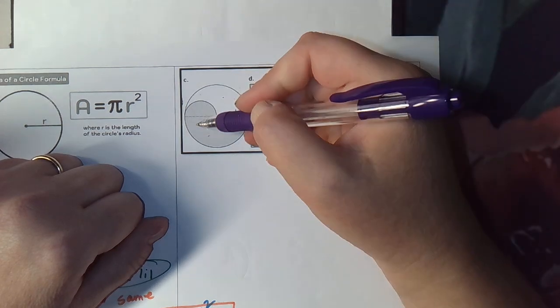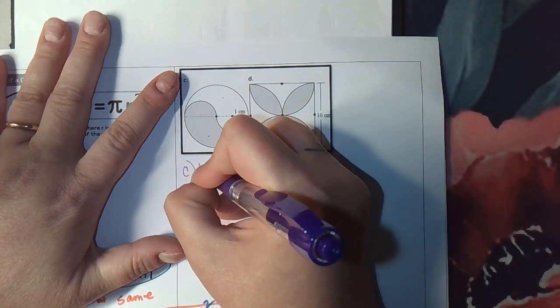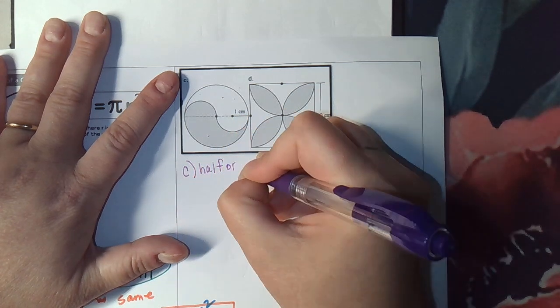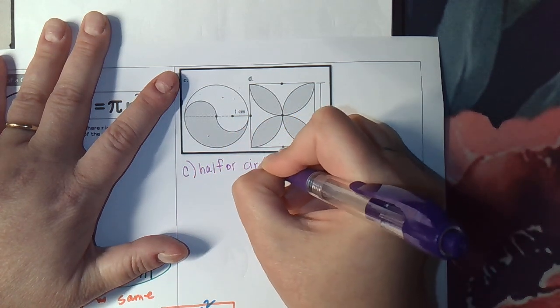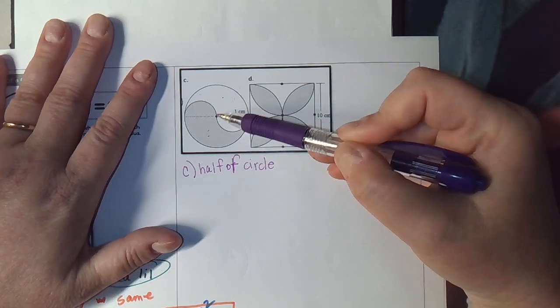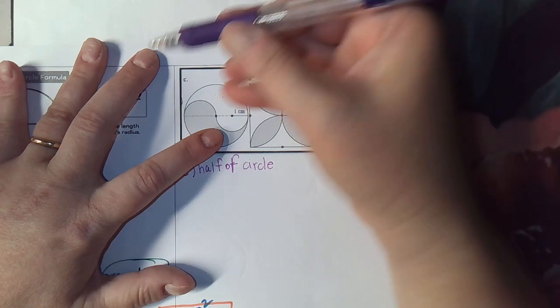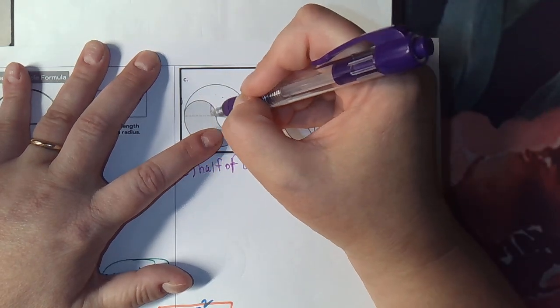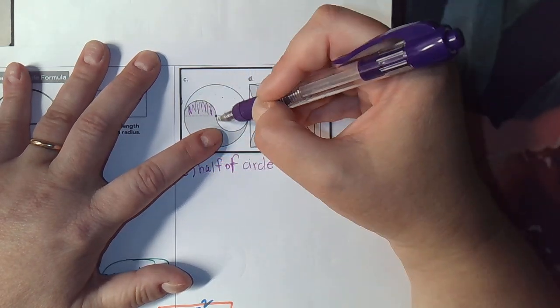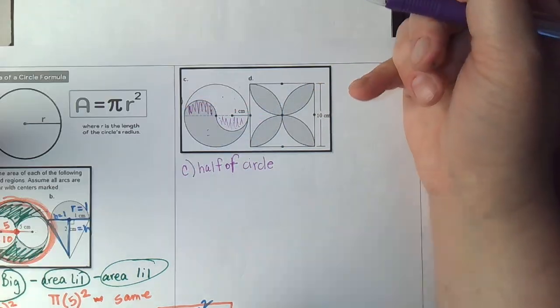So this yin-yang is half of the circle. It doesn't quite match, but this little gray part up here, this half hump, we could put it down here, and hey, there's my half of a circle.